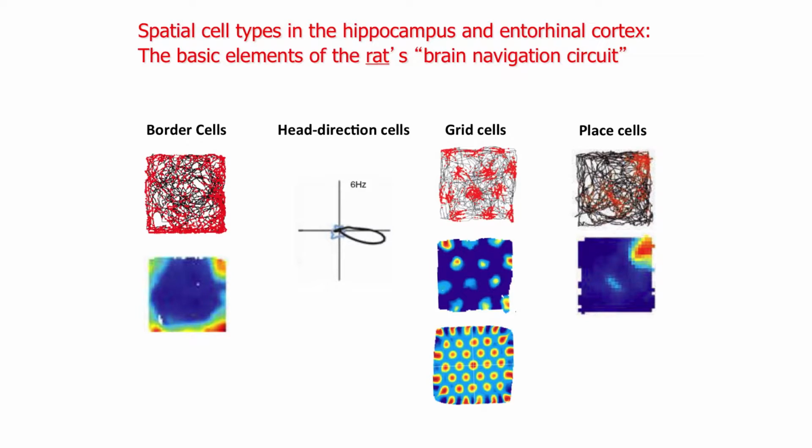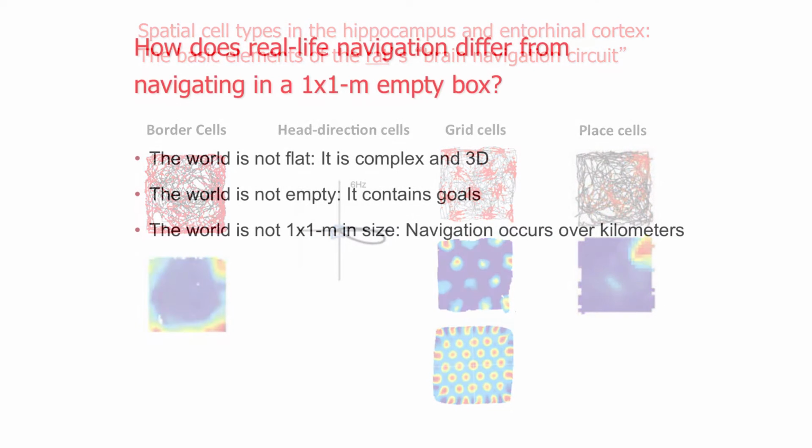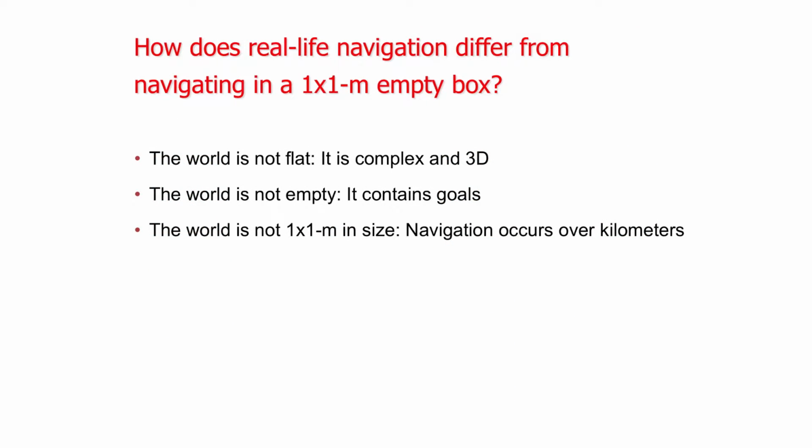So we've heard a lot today about these various kinds of cells: place cells, grid cells, head direction cells, and border boundary cells. And these are often recorded in either empty boxes in randomly foraging animals or on short tracks. And provocatively, you might ask, how does real-life navigation differ from navigating in a 1 by 1 meter empty box?